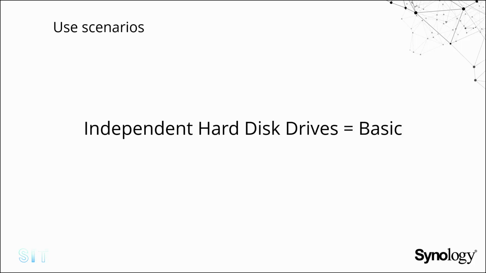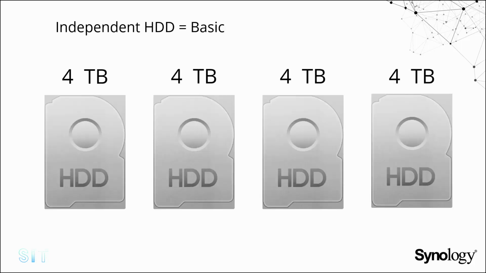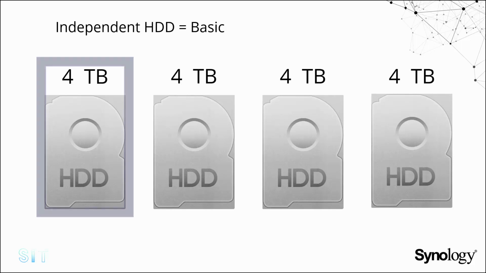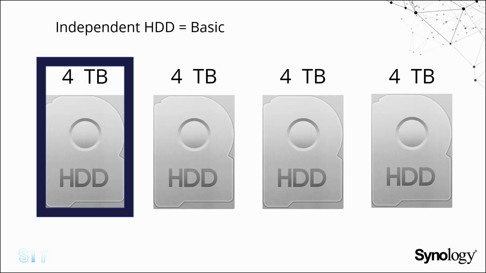Individual hard disks, Basic. As a small example, we see here 4 hard drives of 4 terabyte storage capacity. Now, if we were to take these disks one at a time, so we wouldn't use them in a hard disk array, we would have the full capacity at our disposal.